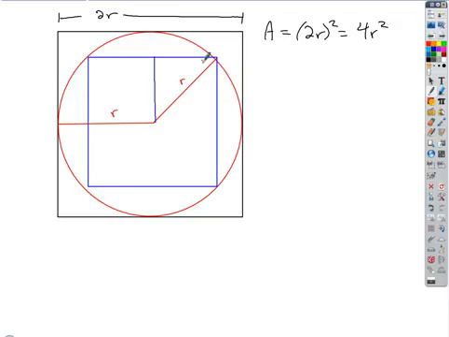Say it again. R over the square root of 2. Because we know in a 45, 45, 90, the legs, and I could solve this, right? If I wanted to figure out the relationship between the hypotenuse and the legs, if I call those x, then by the Pythagorean theorem, doesn't this just equal the square root of x squared plus x squared? Right?